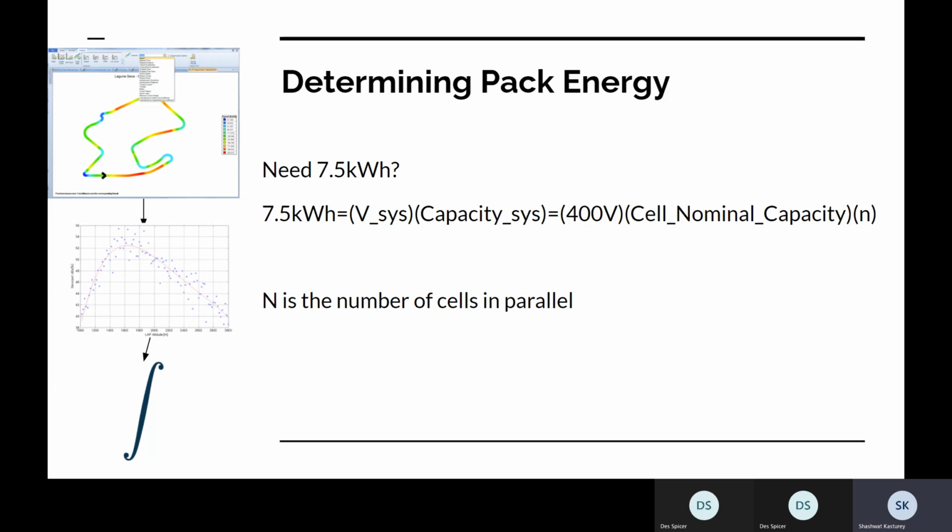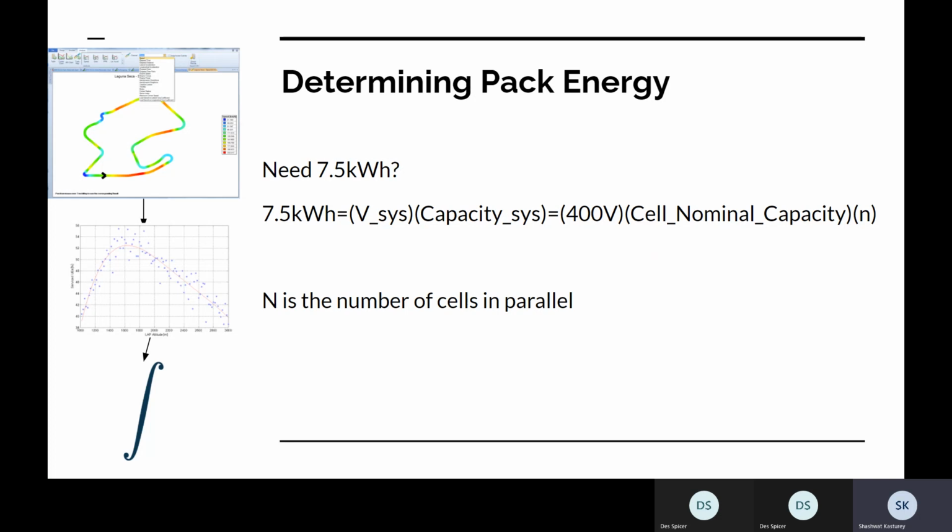We gave Optimum G. So we divided this 7.5 kilowatt hours by the system voltage that we previously determined from selecting the inverter, dividing the power limit by the inverter current. We divided the 7.5 kilowatt hour figure by the system voltage and got the capacity. So now we know the capacity, we know each individual cell's capacity.